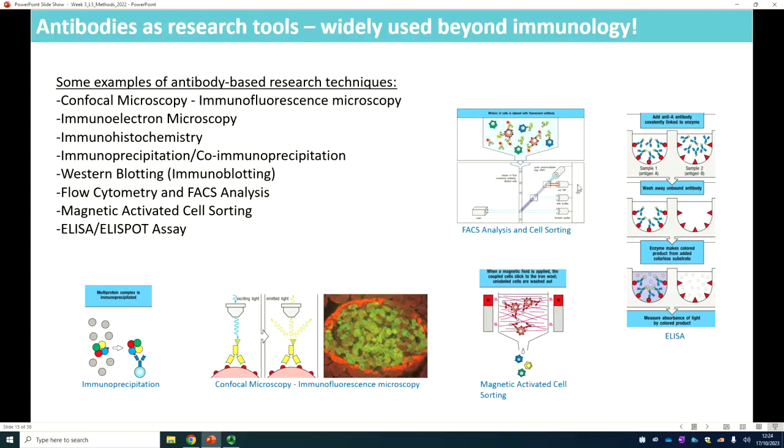Magnetic activated cell sorting, which we touched on, but again, we'll go through that later on. And then ELISA and ELISpot, which we'll also talk about. So you can see that you've got a whole range of different techniques, and these are widely used beyond immunology. So the chances are that working in a lab, you will encounter at least one of these different applications.